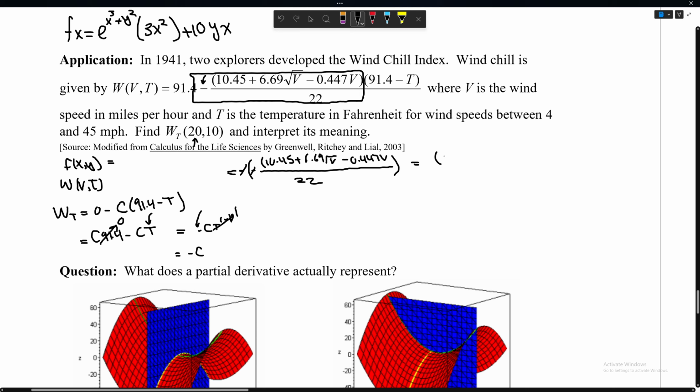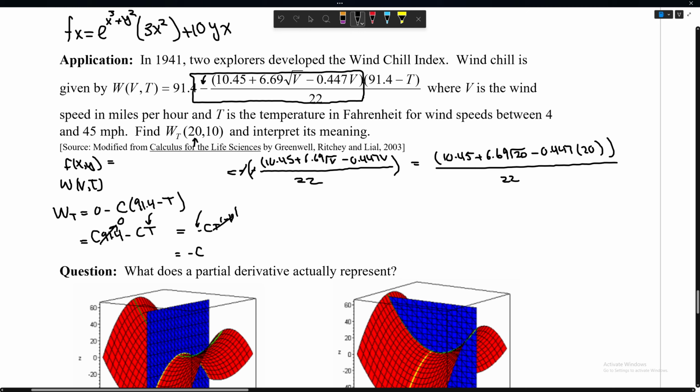So it equals 10.45 plus 6.69 root 20 minus 0.447 times 20, all over 22. And that's how you do it. And that would be your answer.